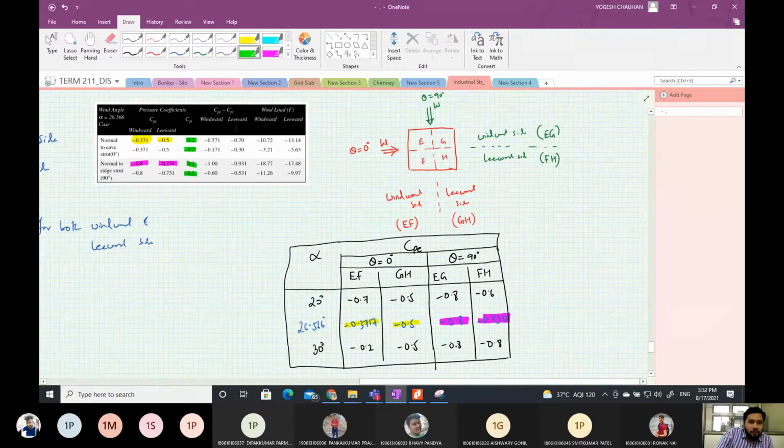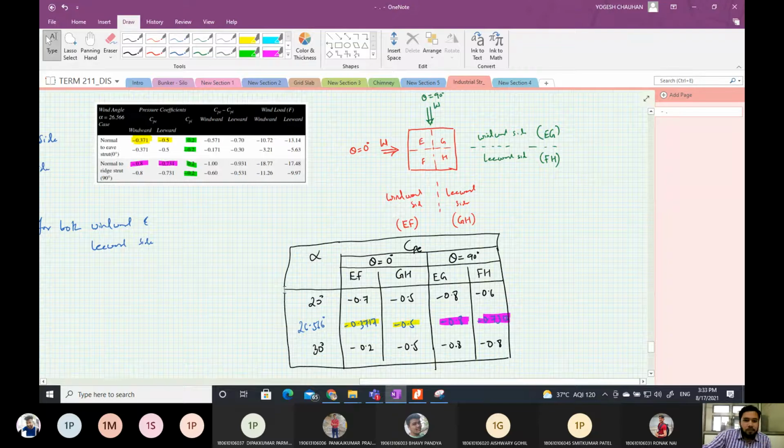Now if you take this CPE minus CPI, you will get this. Then you multiply this CPE minus CPI with effective frontal area and design wind pressure, you will get the wind force on windward side and wind force on the leeward side.